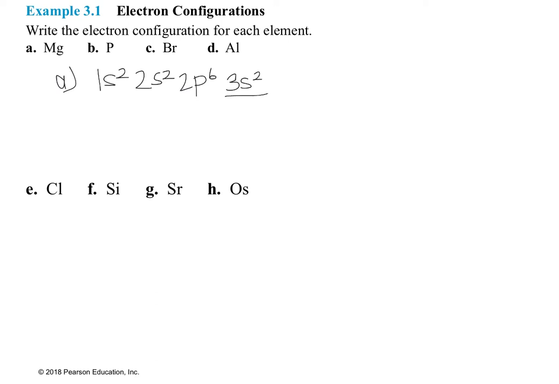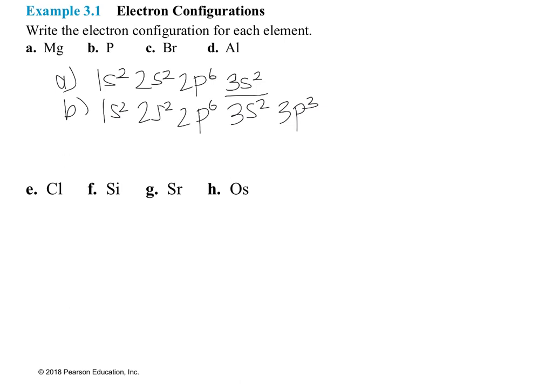So third row of that second column. For phosphorus, it's on the same row as magnesium. 1s2, 2s2, 2p6. Now this one goes 3s2, now 3p3. So it's on the third column of that p group.